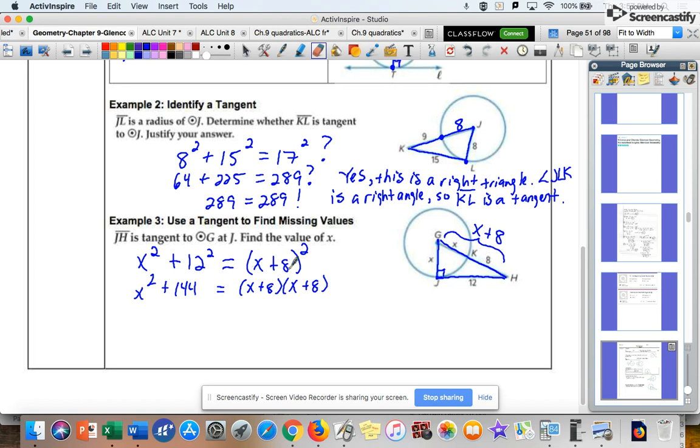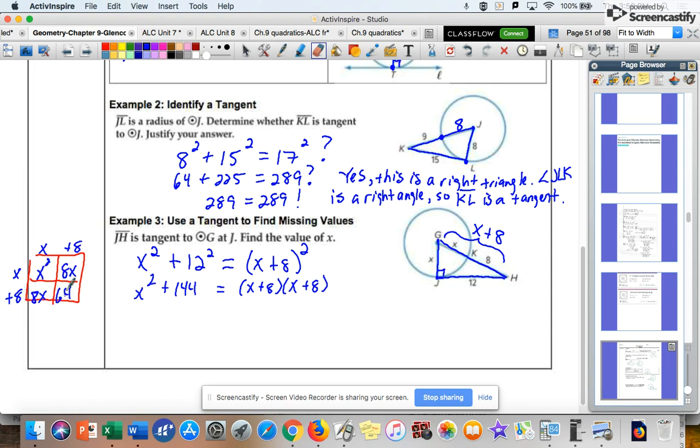squared plus 64. Remember, if you FOIL this or use a rectangle diagram, and in our algebra classes these days, oftentimes we like to use the rectangle diagram. So x plus 8 times x plus 8 really means that you're multiplying two sides of a rectangle, which can be divided into 4 little parts here. So x times x is x squared, x times 8 is 8x, x times 8 is 8x, 8 times 8 is 64.